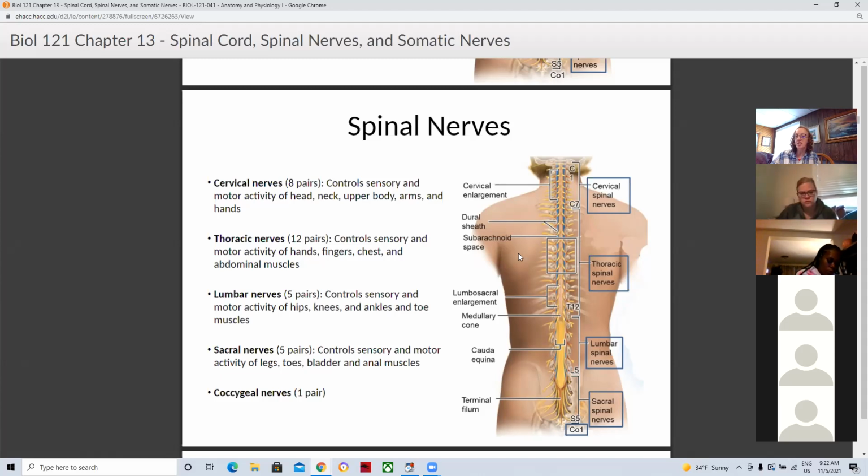They control the sensory and motor activity of the hips, knees, ankles, and toes. Sacral nerves control the sensory and motor of the legs, toes, bladder, and anal muscles.